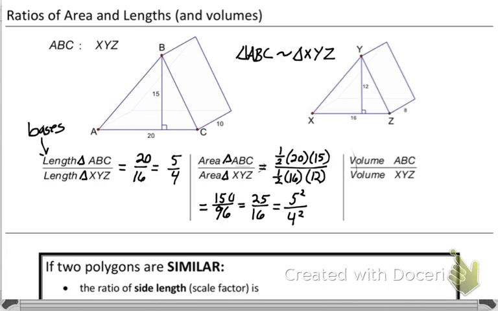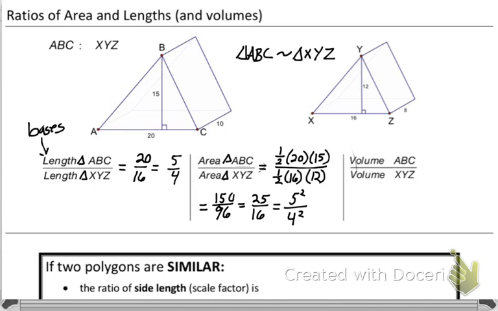So if we note, if I know the scale factor, or our ratio between sides is 5 to 4, the ratio between area is going to be 5 squared over 4 squared. Okay, so it's key to know the scale factor because then I know my scale factor of my area.